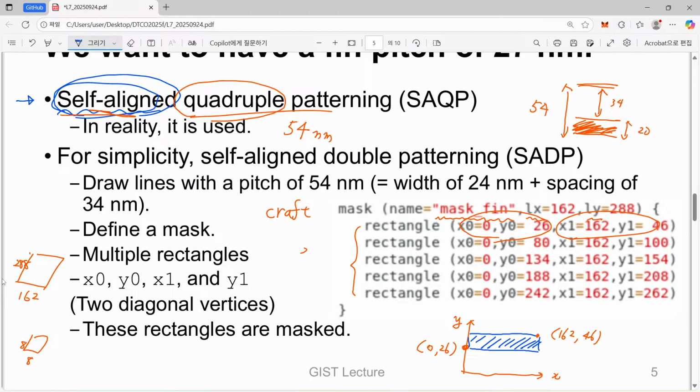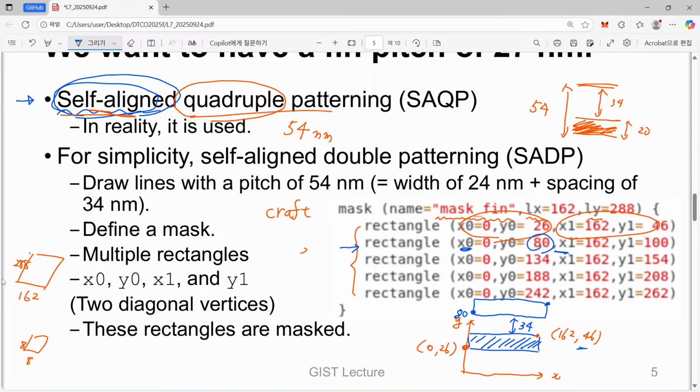Okay, now you can see the second rectangle, and this second rectangle has the same x0 and x1, only the y-axis coordinates are different, 80 and 100. Then with 80 and 100, its height is still just 20, and this is 80 and that was 46, and the difference is 34.